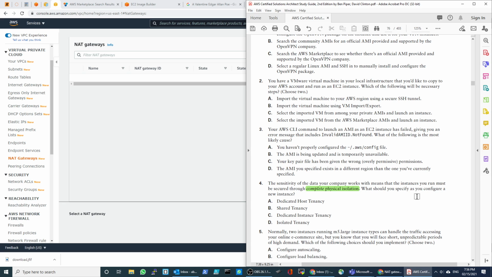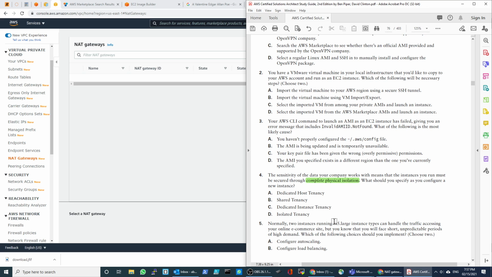What should you specify as you configure a new instance? Is it a dedicated host tenancy? Yes. Shared tenancy? No. Dedicated instance tenancy? No, there's no such thing. Isolated tenancy? No such thing. So it's A, and we just covered it.